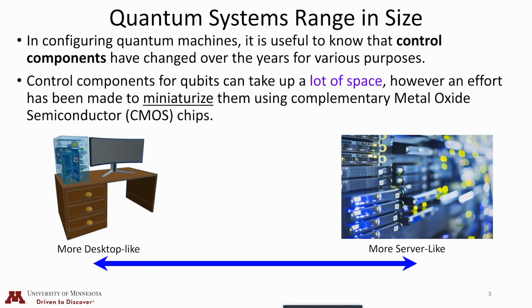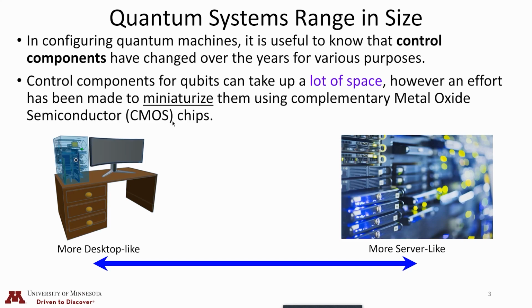So there's this idea that people have. They say, how can I get a quantum computer for myself? They ask all these valid questions, because these are some of the things that we've done with classical computing technology. But there is some inspiration here, and we'll talk about some of those examples. But the quantum computers that we have can become more server-like. When I say server-like, I'm talking about the size. It can fill up the entire room, all of the control components.